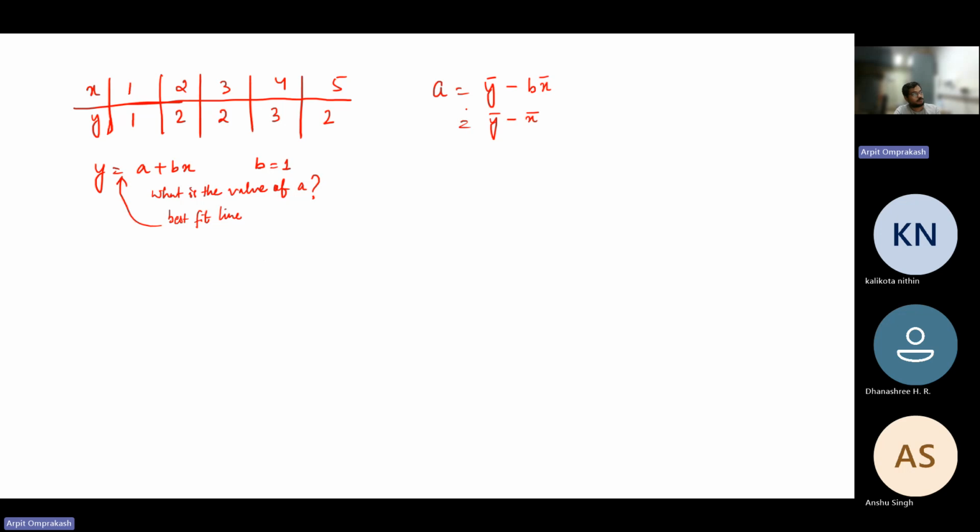This whole equation basically comes when you try to minimize the least squares, right? So what you do is, let's say you assume we have a line which basically predicts this best fit line. So we have this data like this, right?